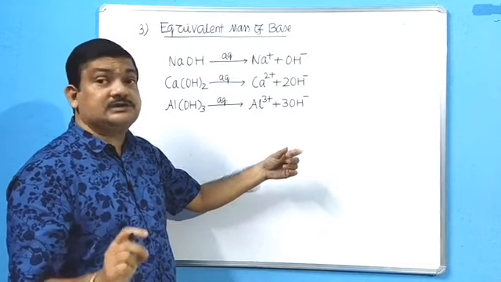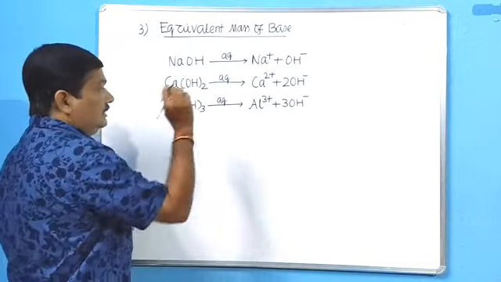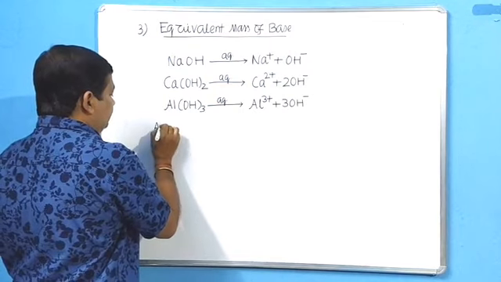OH minus ion is called hydroxyl ion. Okay. So how to define a base?